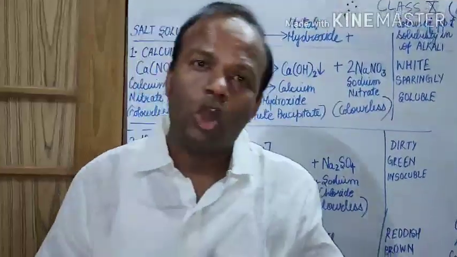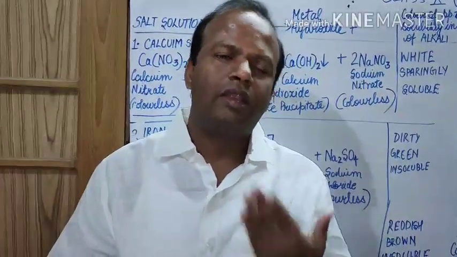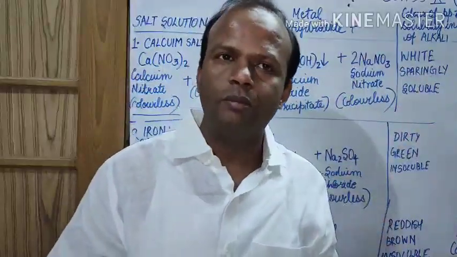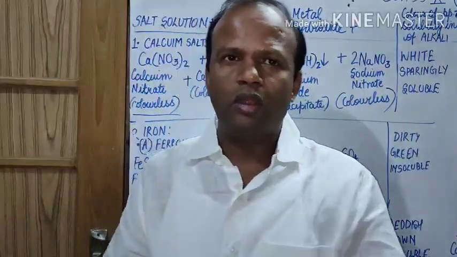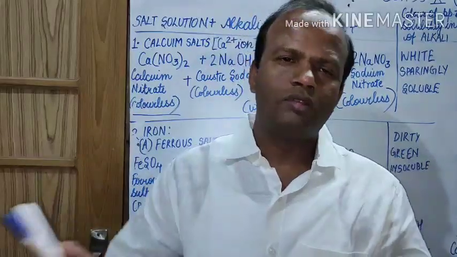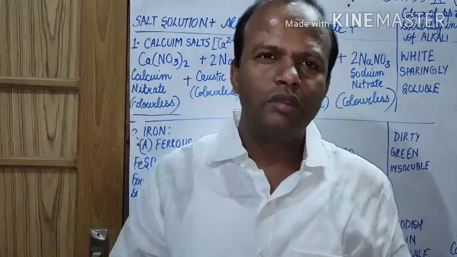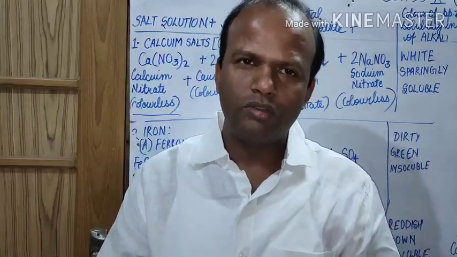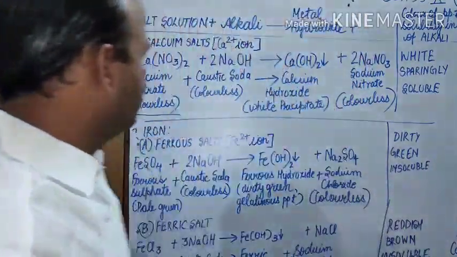If we get a chalky white precipitate, it will be lead plus 2. That's why we call it a confirmatory test, and it is important, because we may get the same color. If we get a green color, it's obvious that it will be Fe plus 2. If we get a blue color, it is obvious that it is copper, Cu plus 2. So that way it goes.